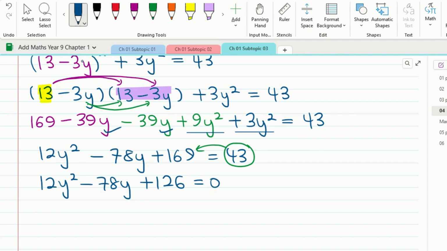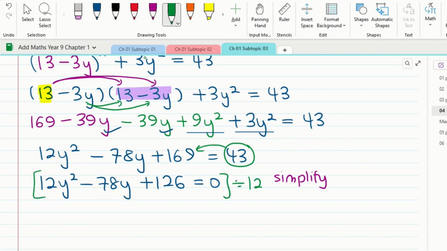Now for this equation, you might have noticed that you can actually simplify the whole equation. How do you simplify this? By noticing that you have a common factor. For 12y squared, negative 78y and plus 126, you can divide the whole equation by a factor. This only works for an equation.